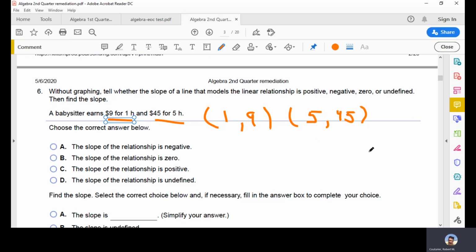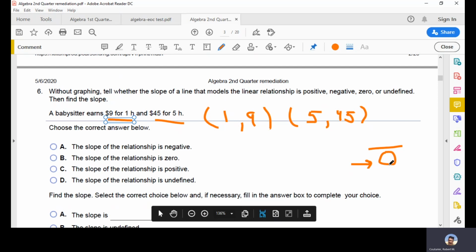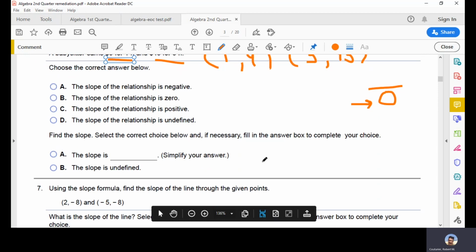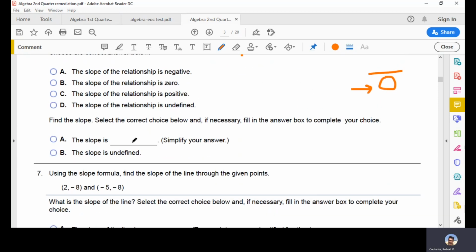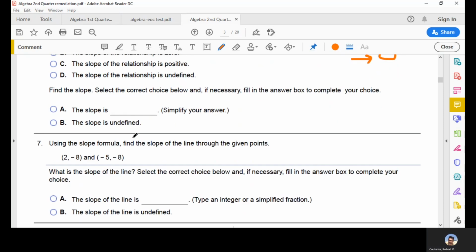Remember, an undefined slope is when your denominator ends up being a 0. So be careful, okay? Only if your denominator is a 0 is it undefined. It's the only time it'll be undefined. And of course, once you figure that out, they actually want to know, well, what is the slope? So calculate it all the way out.